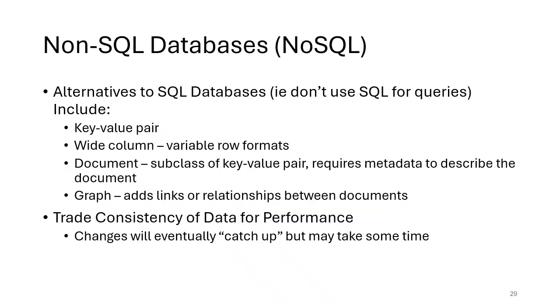So I've covered databases that use structured query language. There are some databases which don't use SQL. They're called non-SQL databases or NoSQL, and these are alternatives to SQL databases that don't use a structured query language. Some of them still do support structured query languages, but the idea is these might use different storage mechanisms with different retrieval mechanisms, and then they allow you to retrieve and analyze the data using different mechanisms.